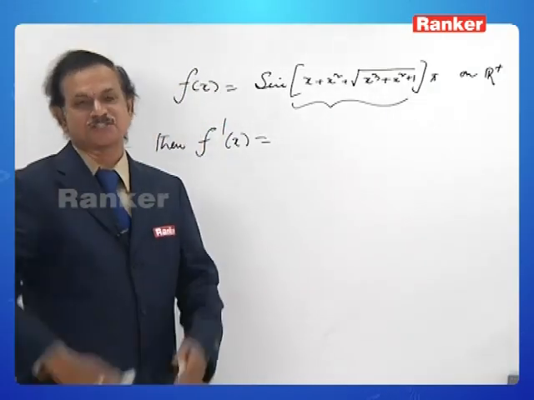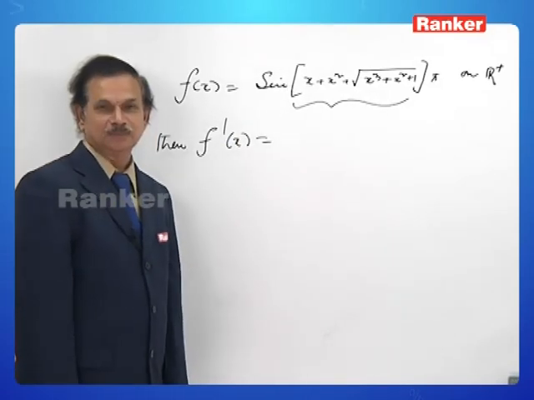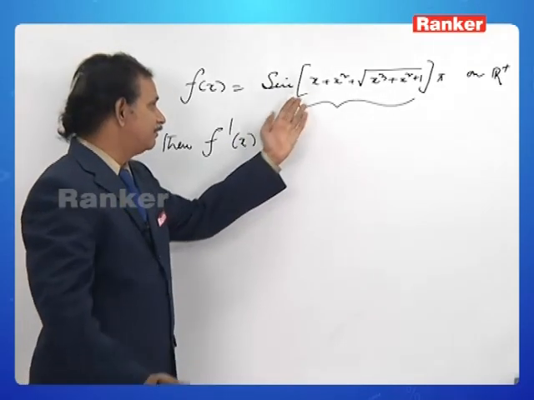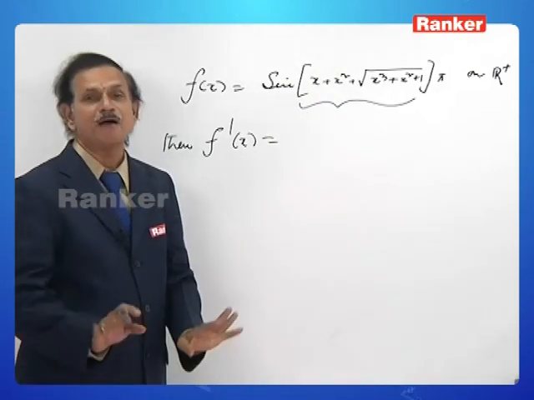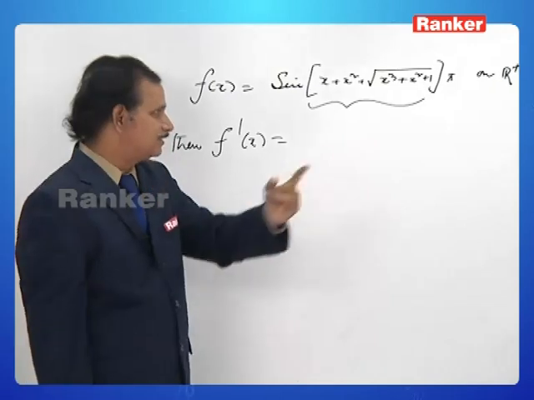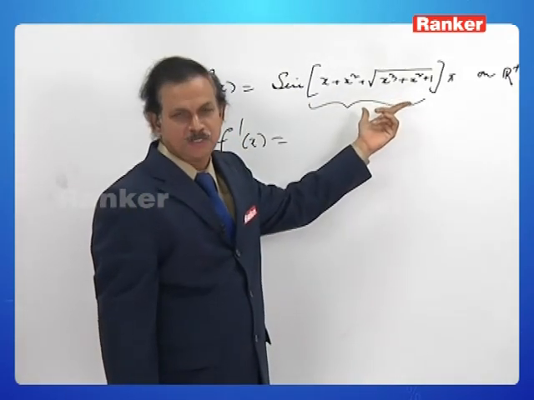That is the main function. He is asking about f dash x. You need not find this by supposing some x and the derivative of sin x. No, not like that. Don't forget that this is the integral part function or the greatest integer function.